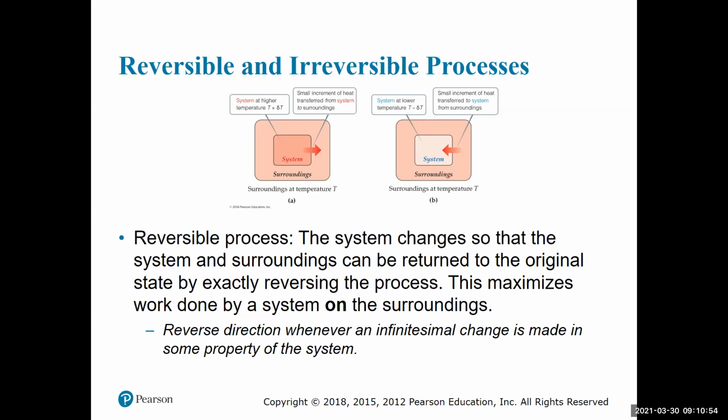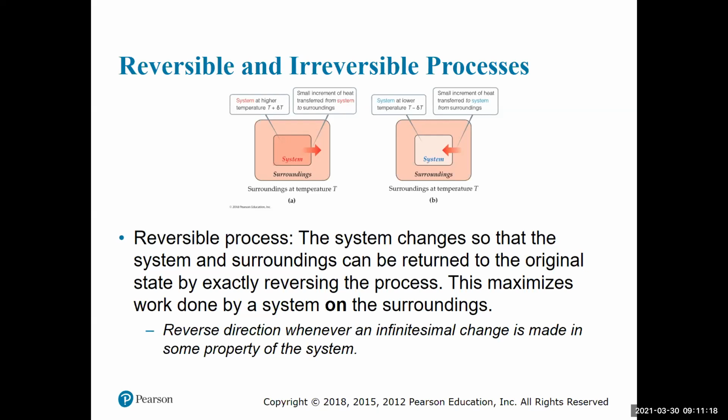And the two examples we have up here, if we look at the diagrams at the top, we have a system in the middle and in the surroundings, and we add some heat to that system. And what you see is that surroundings will then absorb some of that heat from the system in order to get things back to equilibrium.